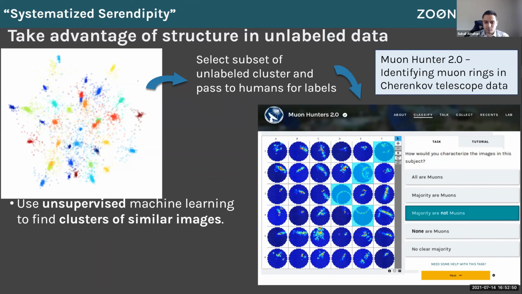And so the task here was for volunteers to classify these muon rings, and by doing this, they classified these 4, and also classified the other 32 because we've already used the structure of the data.